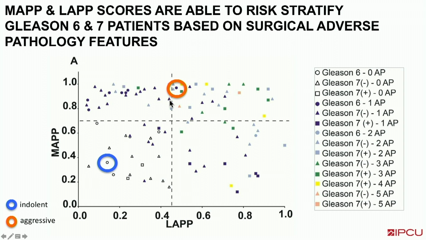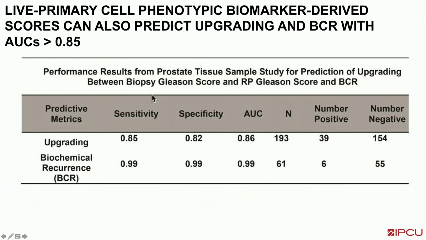Looking at the orange dot, this is one Gleason 3+3 tumor that has one adverse risk pathology feature associated with it. And indeed, you can see the MAPP and the LAPP scores are much higher across the board. So indeed, when we look at the sensitivity, we can also use this to predict upgrading and biochemical recurrence. And the areas under the curve, as I've said, are really quite high.